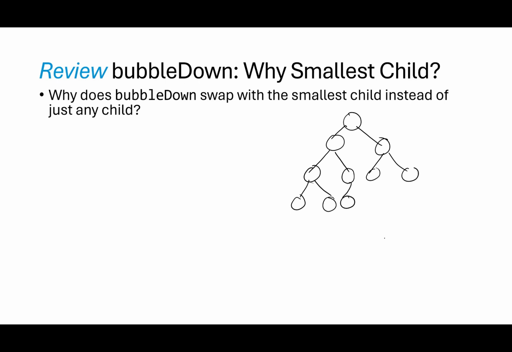Can someone tell me, if there are n nodes in this tree, what is the height of this tree? n-1. No, this is a complete tree. That means it's a balanced tree. You can think of it like a balanced tree or something like that. It's log n. That's the height, right?